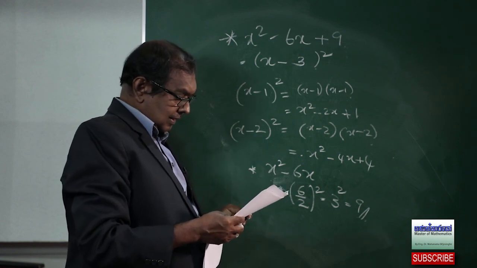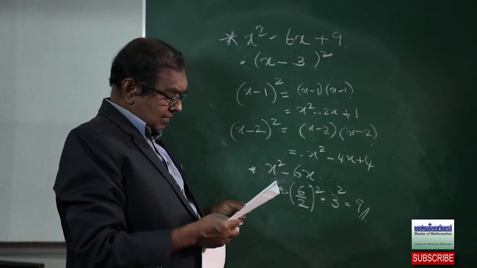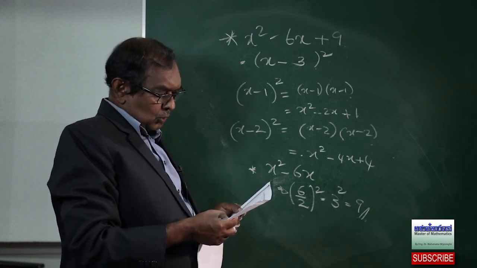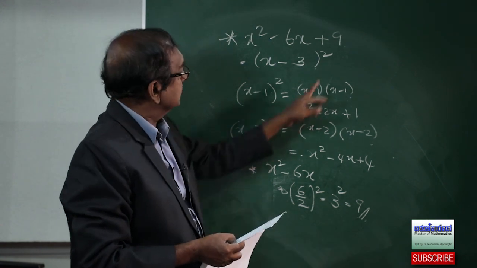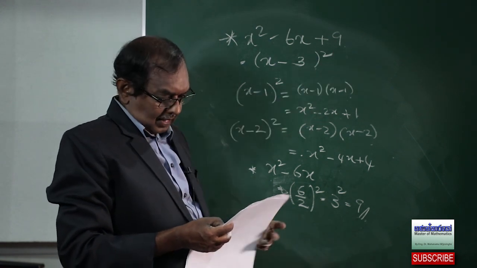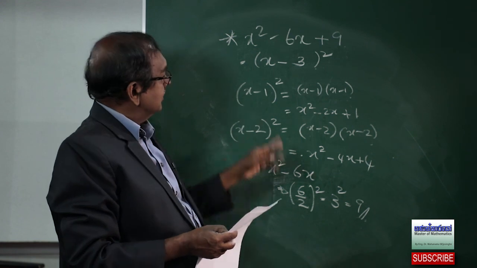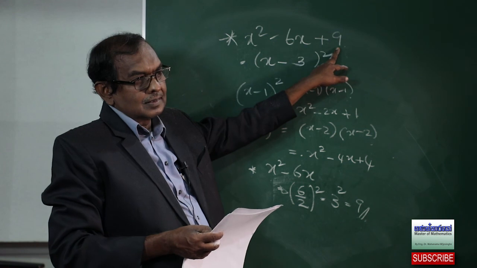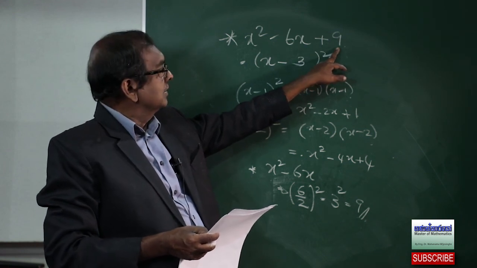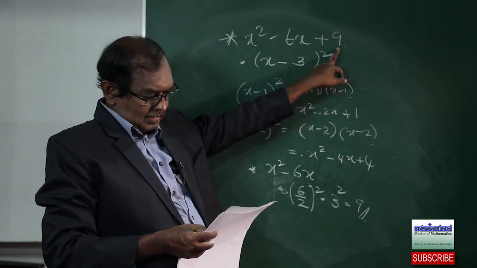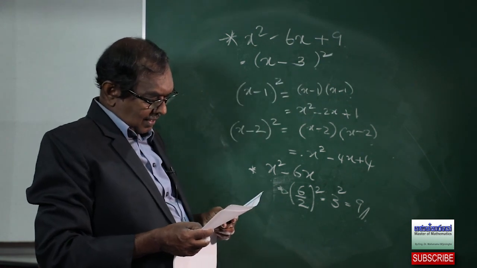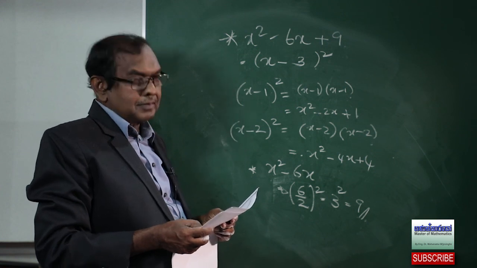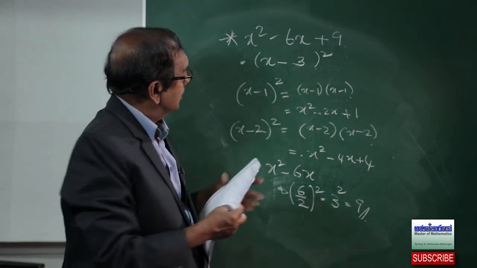It is mentioned to add the constant term to the quadratic expression x squared minus 6x to make it a perfect square. This is the value 9, and then rewrite it. We have already written the expression with the number 9, right. Then finally it is mentioned to express it as a perfect square. Now this is the perfect square.